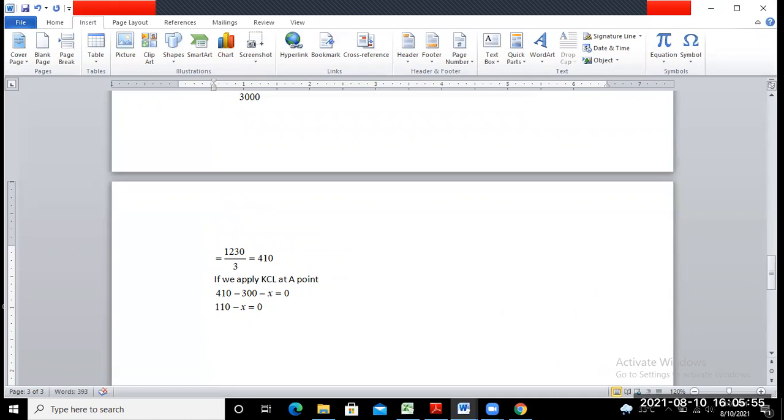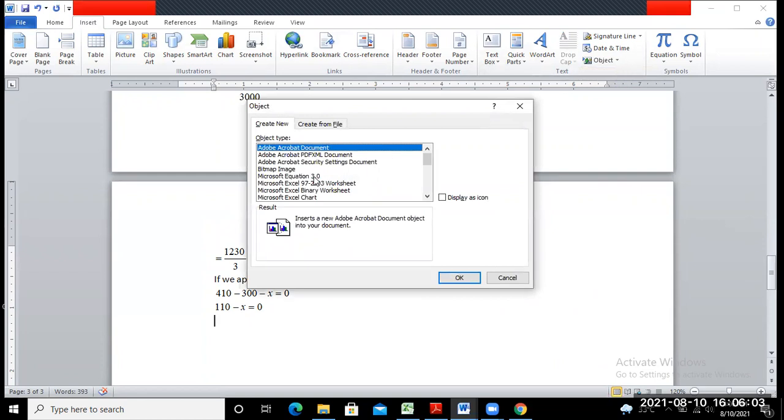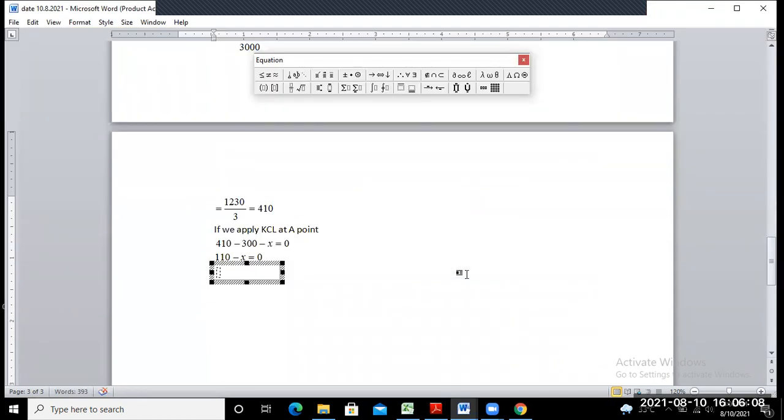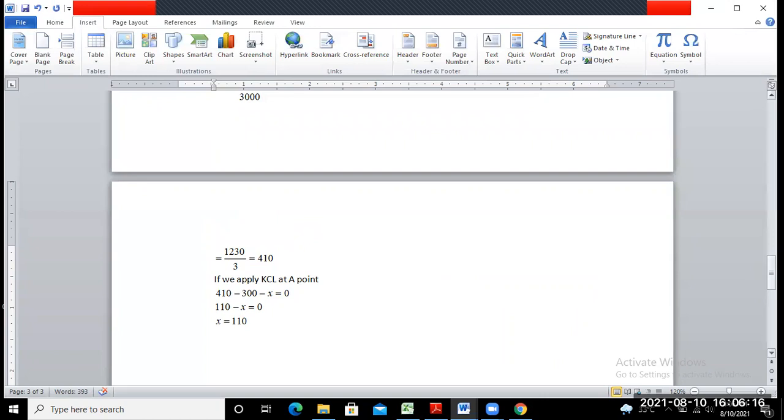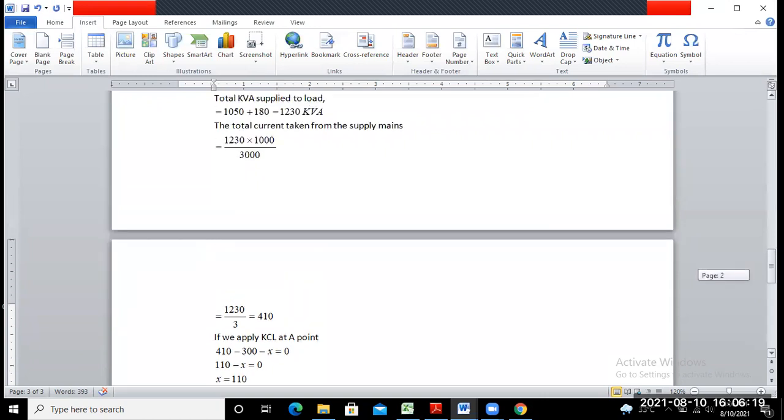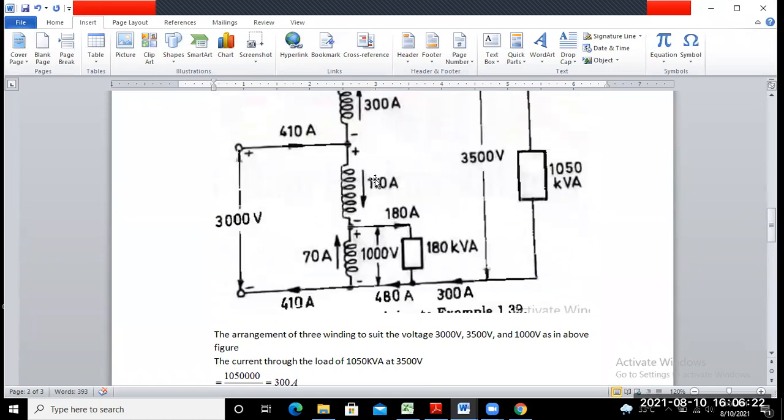So X, which is the current along this path, that means this winding, is 110 ampere.